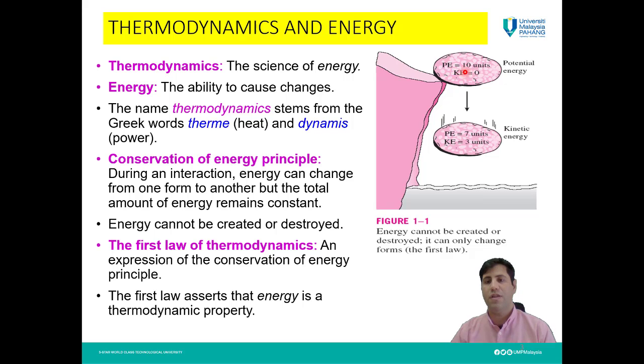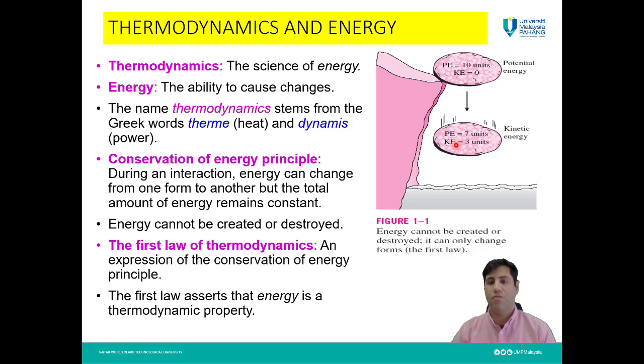So you can imagine it has 10 units of potential energy and 0 units of kinetic energy, and the total energy of this stone, or this system, which we will define later, is 10 units.